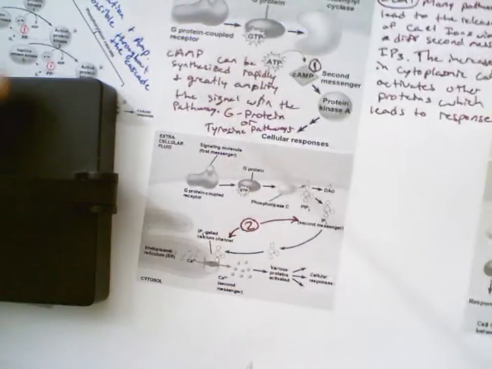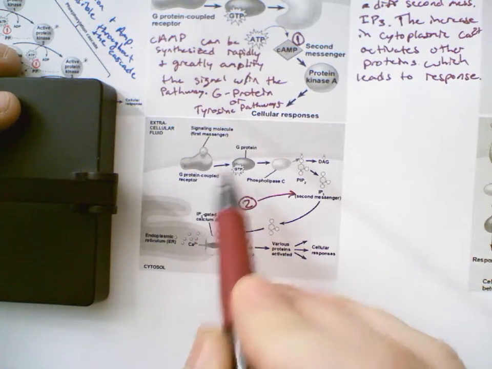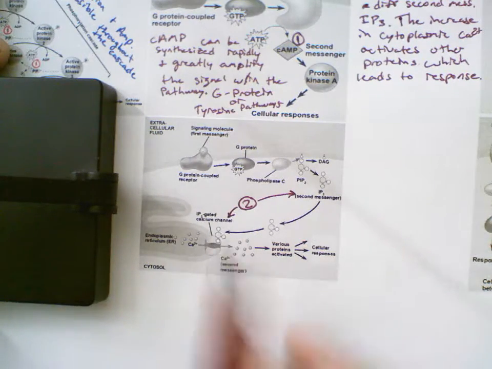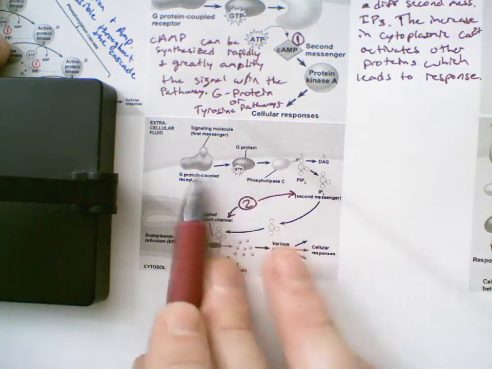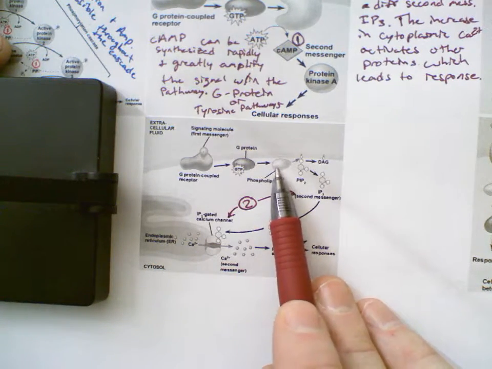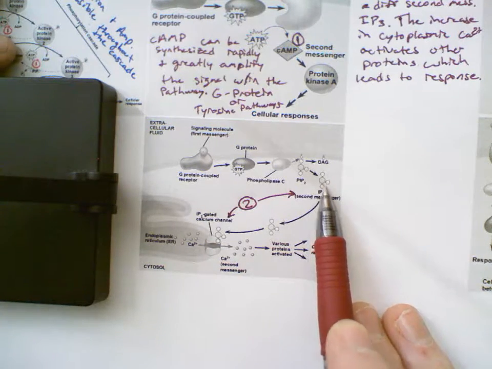Okay, so again, you would have a ligand binding to an initial receptor. This is using a G protein pathway, but it wouldn't have to be a G protein pathway. Then that G protein pathway is going to set off a series of events where we have an enzyme creating the IP3. You don't need to know why that happens.